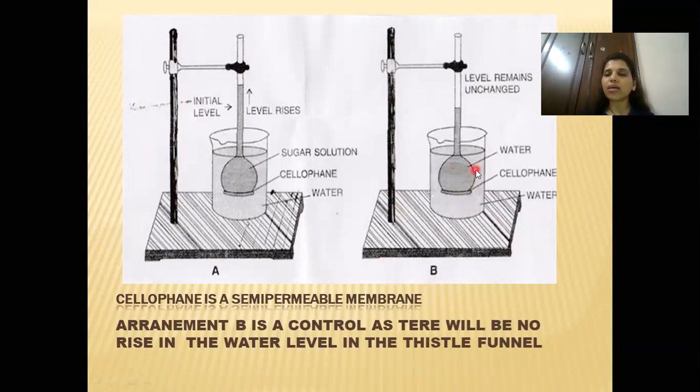The reason is that it will help you to compare the initial condition, that is before the experiment was started, with the final condition, that is after the experiment is completed, and see whether there was a change and how much the change was. So for comparison, it's always good to have a control. That's the reason arrangement B is acting like a control.